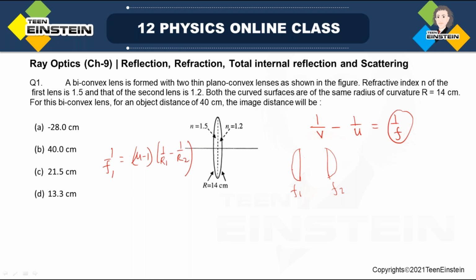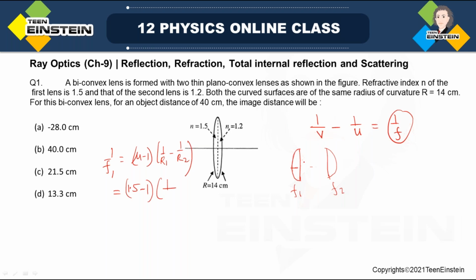Now look, this has r, the radius of curvature r1, and the other has radius of curvature at infinity. So for this case, look, mu is 1.5, minus 1, this is fine. And this r1 is the radius of curvature, and this has radius of curvature r2, suppose.